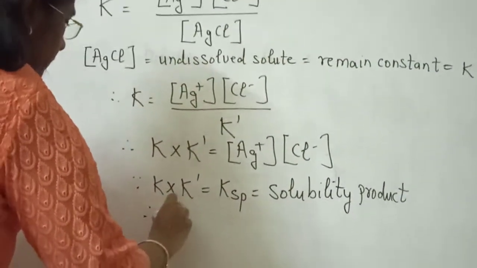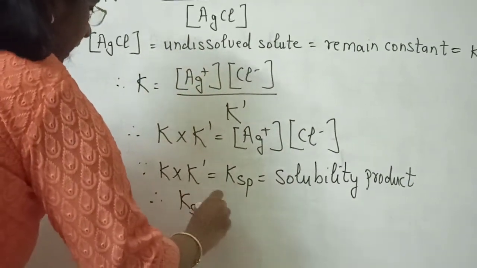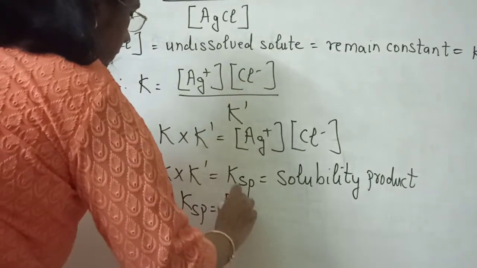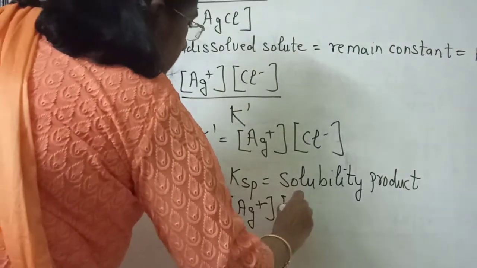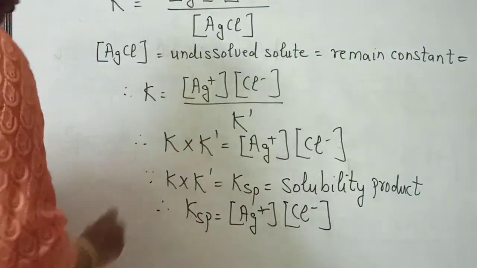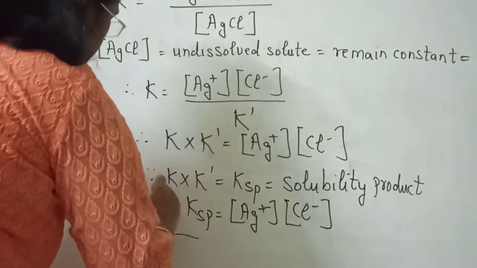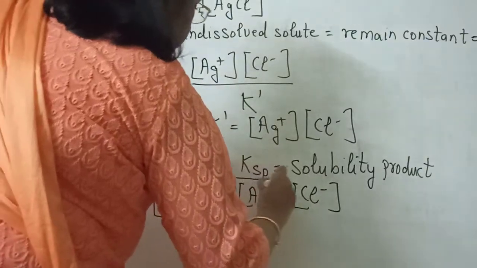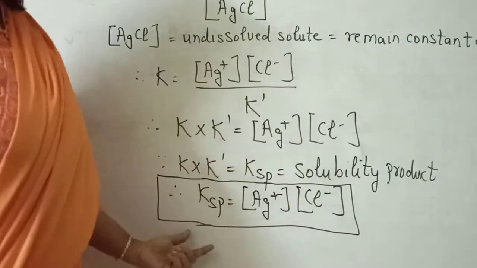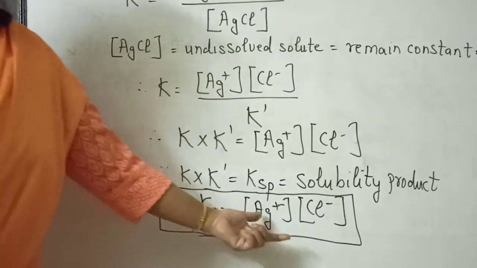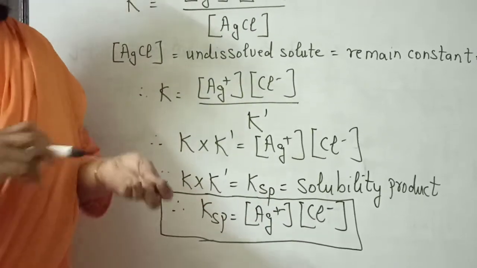Therefore, Ksp is equal to concentration of Ag plus into concentration of Cl minus. And this is termed as the expression for solubility product.